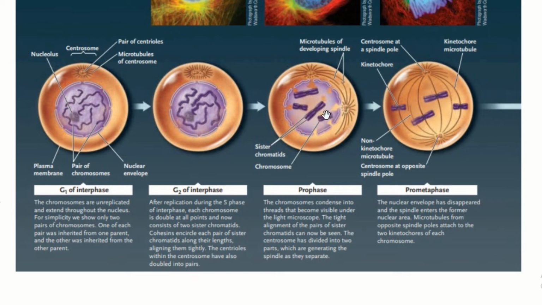This is a whole chromosome consisting of two sister chromatids, with microtubules of the developing spindle. Then we have prometaphase. The nuclear envelope has disappeared and the spindle enters the former nuclear area. Microtubules from opposite spindle poles attach to the two kinetochores of each chromosome.